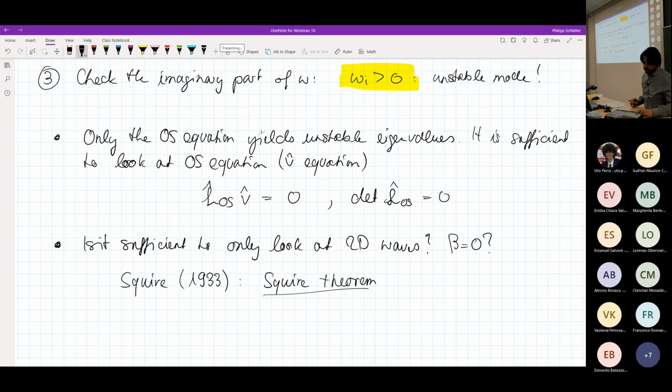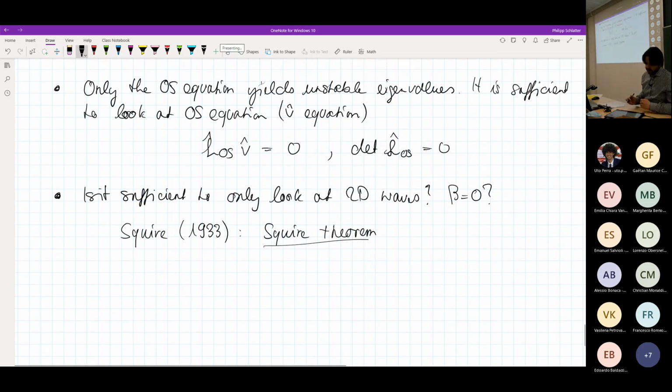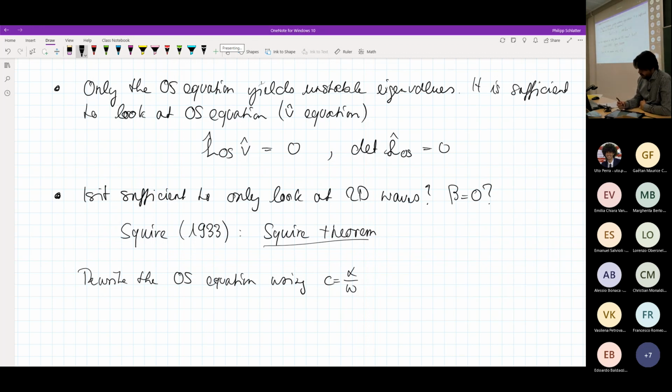So the way to very quickly understand it is that we rewrite the Sommerfeld equations using the phase speed c, which is omega divided by alpha. So we introduce this c into the equation, which gives me, instead of the equation that I wrote above, something very similar.